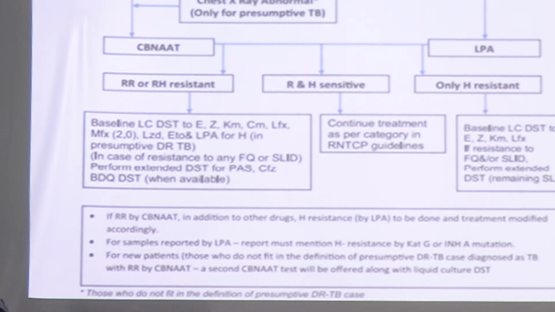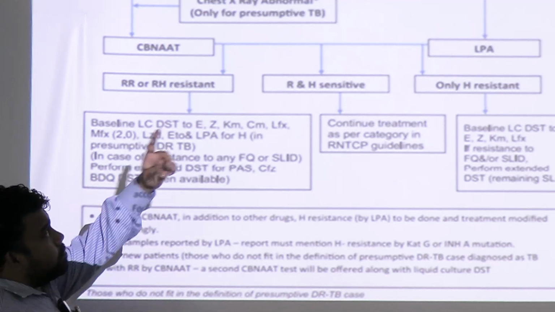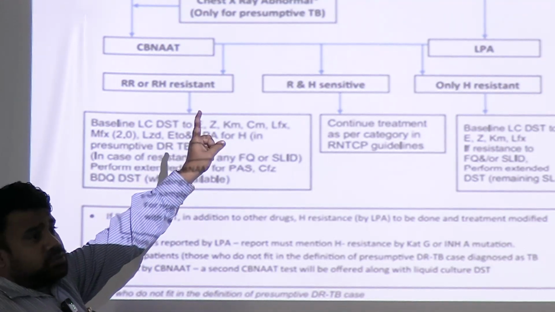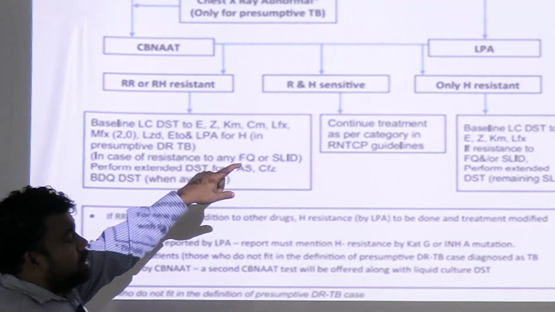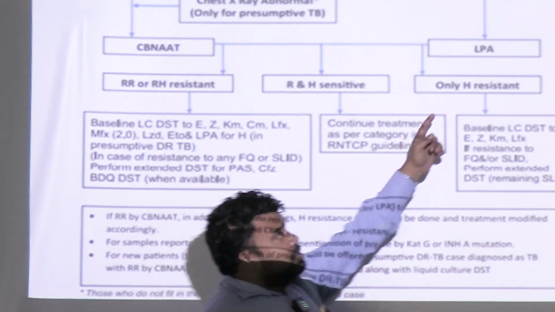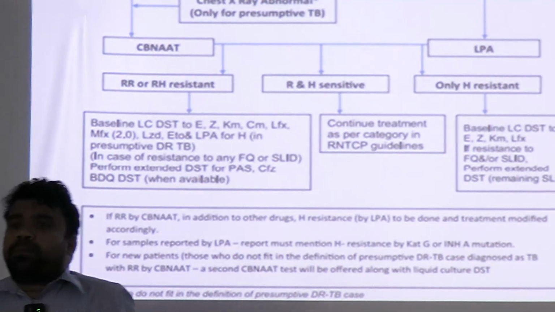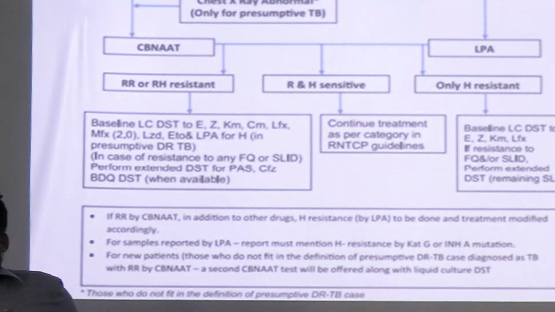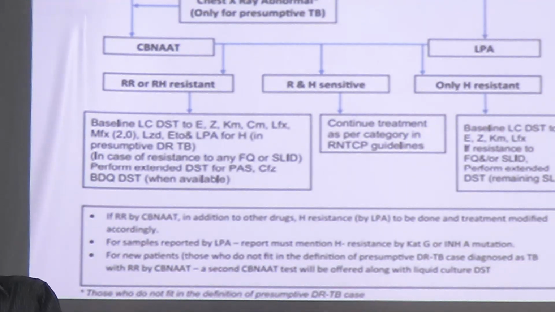By this way. Suppose we have a presumptive tuberculosis case and another in which we are suspecting drug resistance. In both the cases, if it is smear positive, we will do this test, LPA. This is called line probe assay. This is an assay in which we test for detection of resistant genes that are present in the organism.